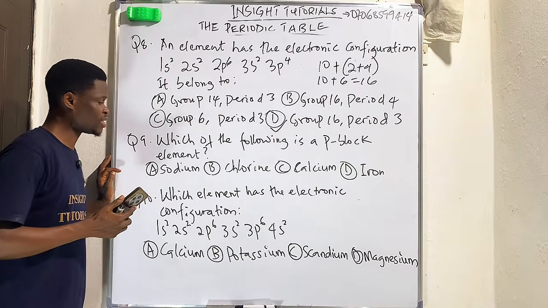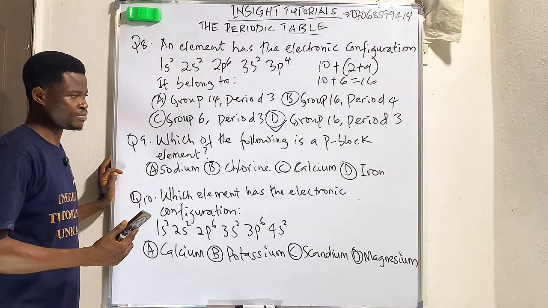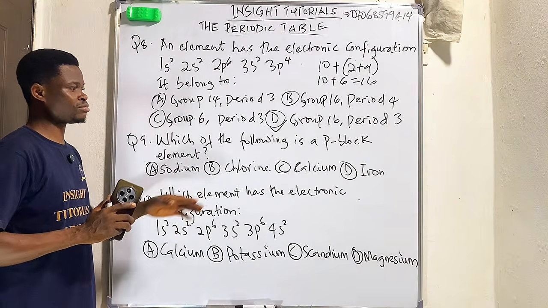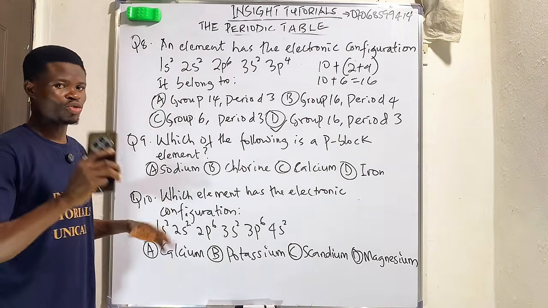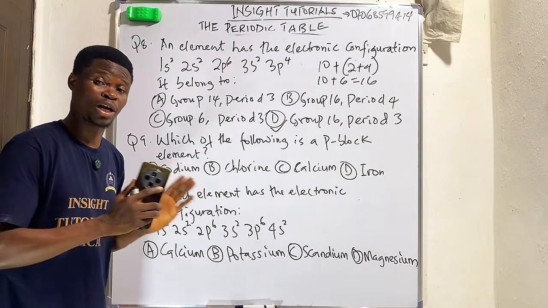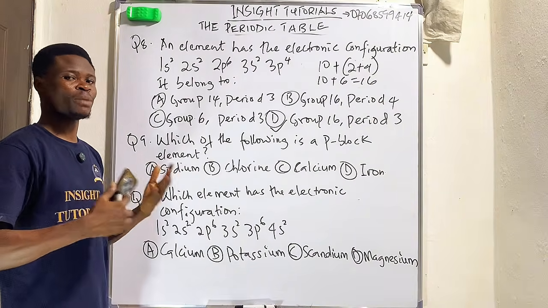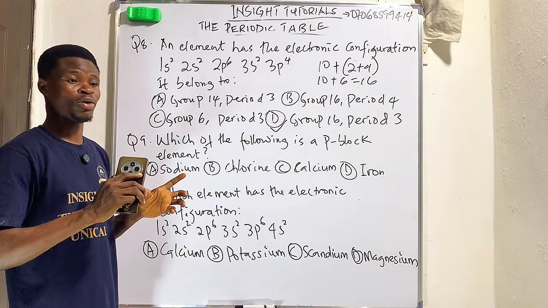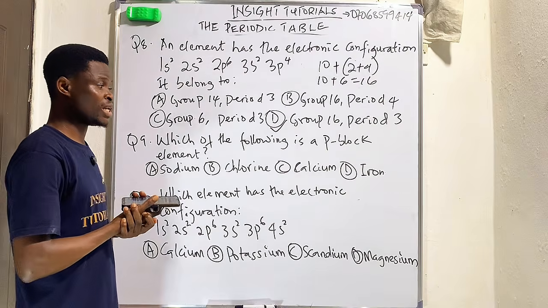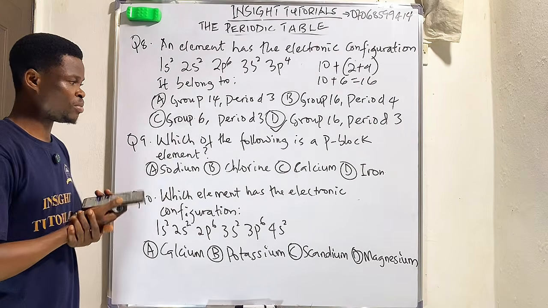Now, question 9 says, which of the following is a p block element? It's very simple. We all know that sodium and calcium, being elements in group 1 and group 2, are s block elements, because their outermost shell electron is borne by the s subshell.